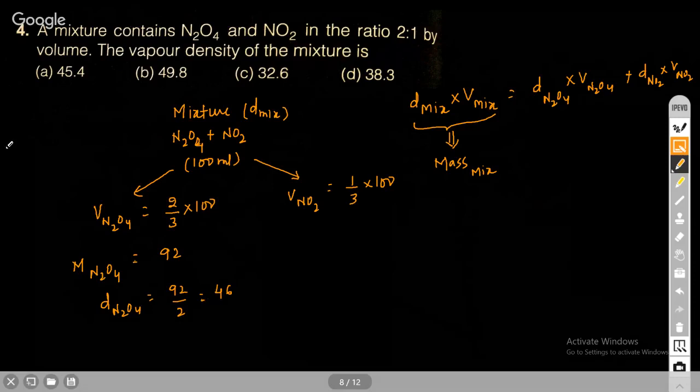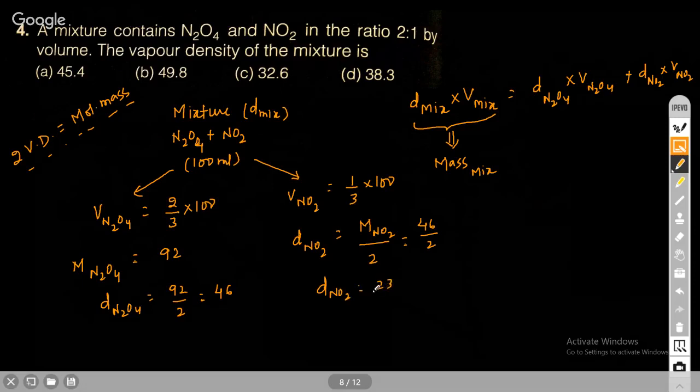The formula we are using is 2 into VD, vapor density, is equal to the molecular mass. So density of N2O4 we have got. Similarly, the density of NO2 will be its molecular mass divided by 2, which is nothing but 46 by 2. So density of NO2 is equal to 23.